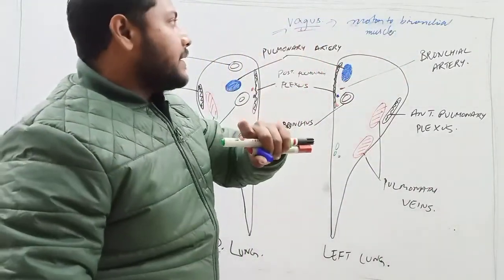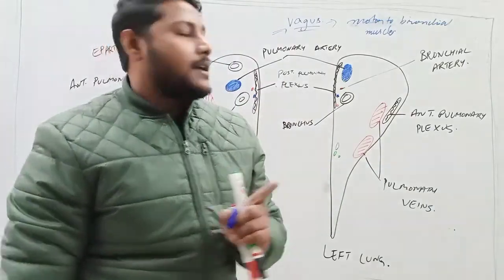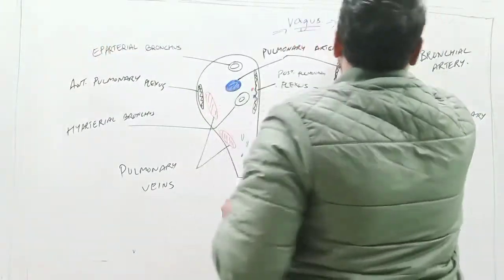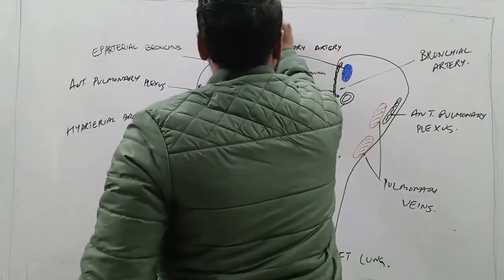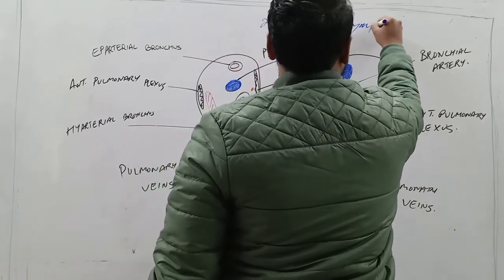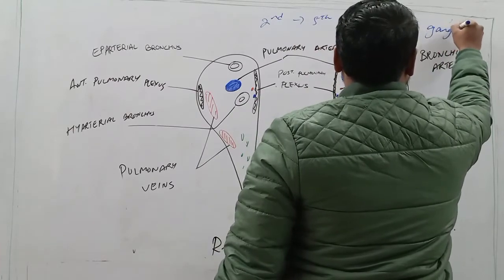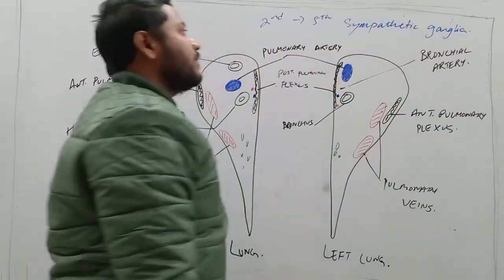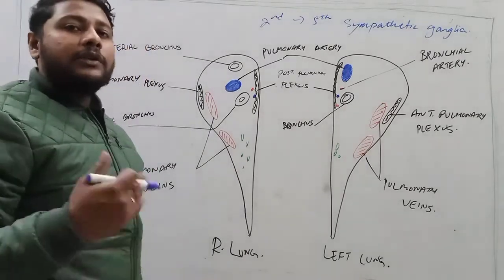The sympathetic supply is from the 2nd to 5th sympathetic ganglia. When this sympathetic nerve supply is stimulated, bronchodilation occurs.